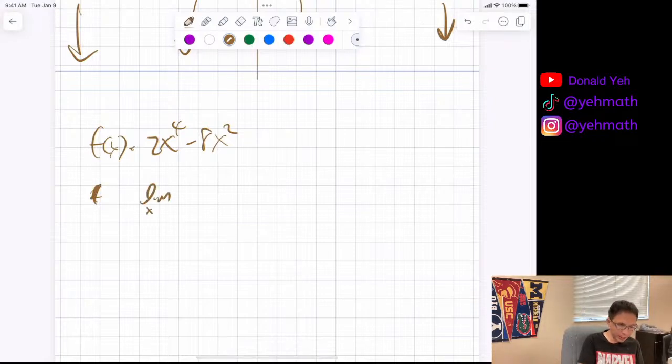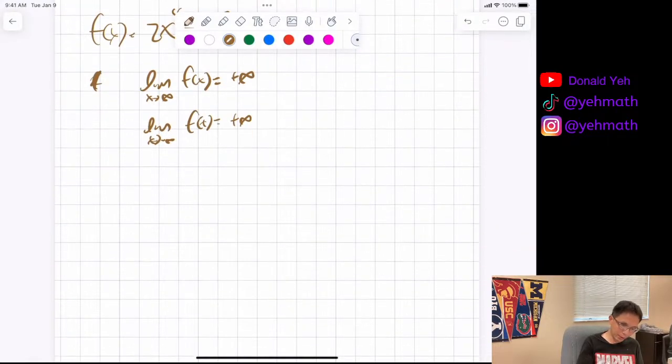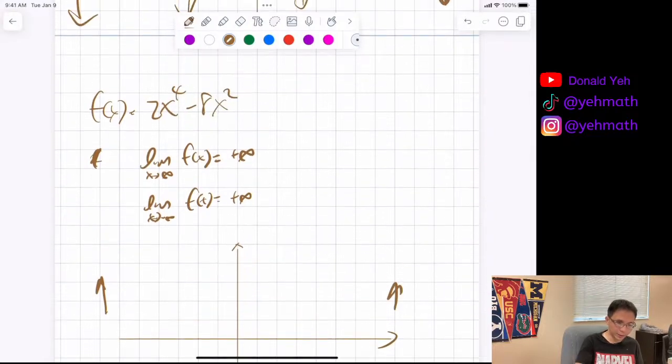So if you take the limit as x approaches infinity of this one, it's going to be what? Positive, because it's x to the fourth. The limit as x approaches negative infinity is what? It's also positive. Good. So you told me that there is an up situation. So then it's going to be here, here. Now what can I do here?